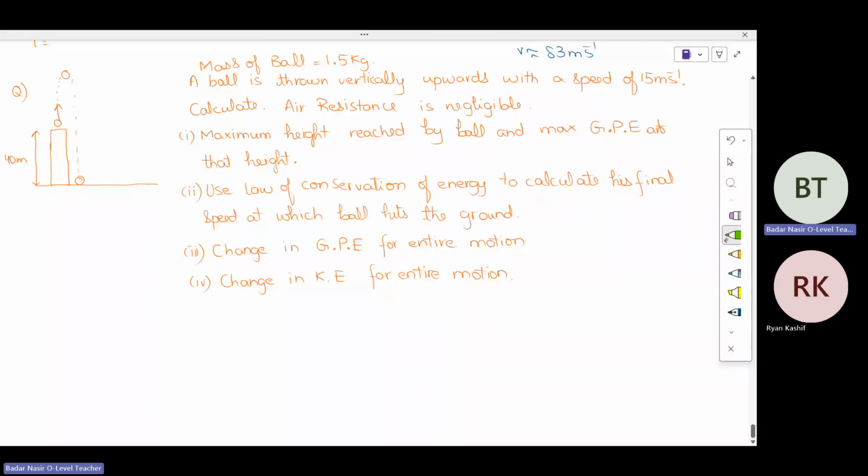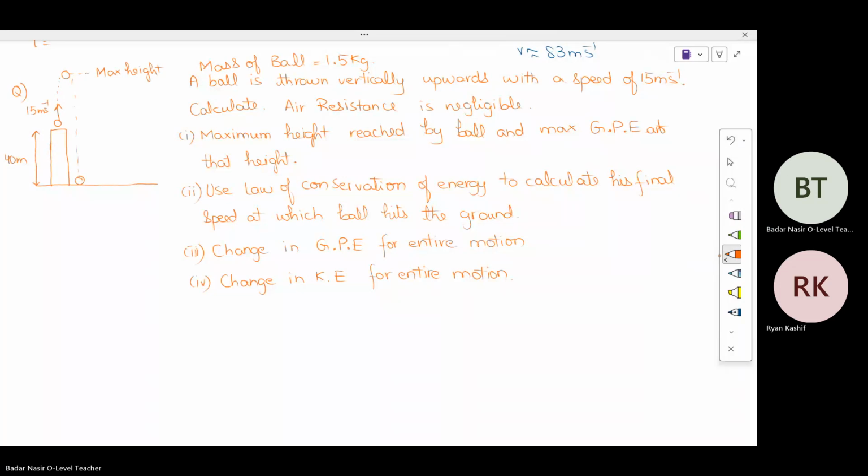Yes, did you understand? There is a ball, at a height of 40 meters above the ground. We threw it from the top of the building. We throw the ball with a velocity of 15 meters per second. So when we throw the ball with a velocity of 15 meters per second, the ball goes up and reaches a maximum height.